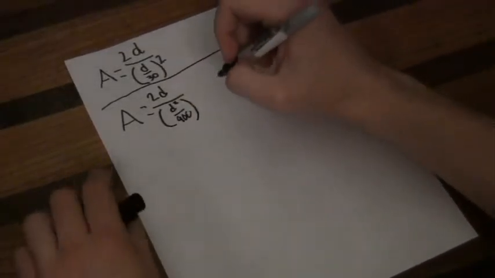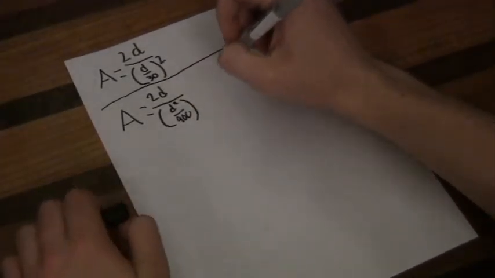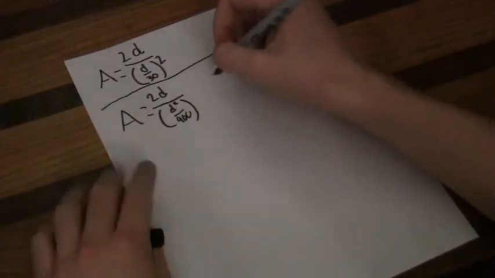Now, when you're dividing something like this, it's basically the same as multiplying it by the reciprocal of what's in the denominator. Hey, if you didn't know any of those big scary words, ask a math professional.